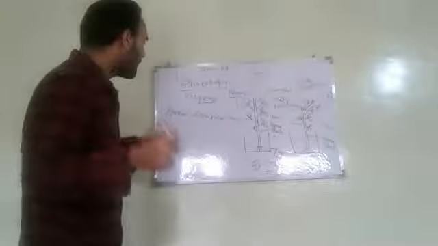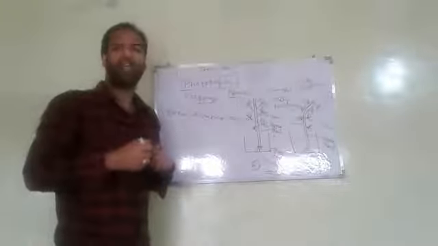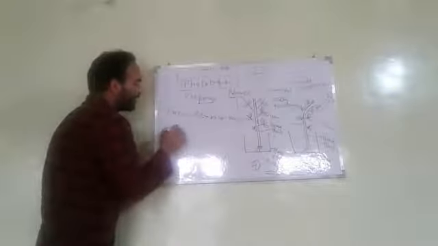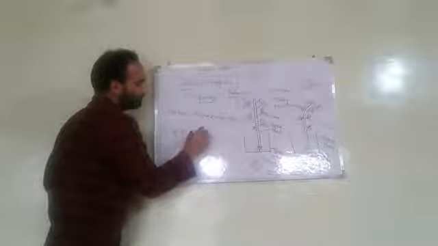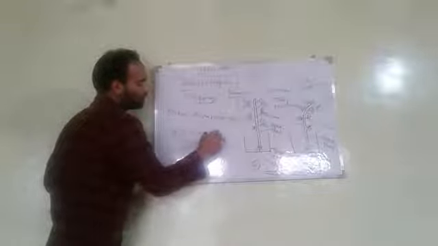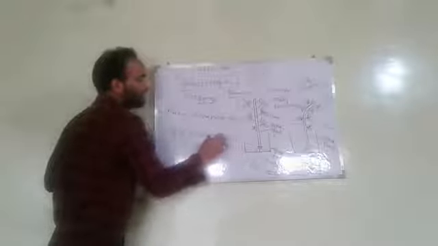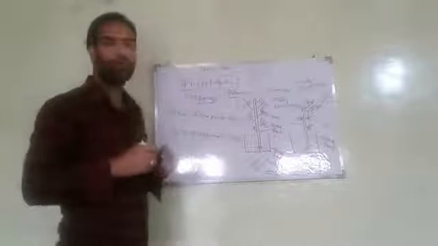Now you know that in my previous lecture we discussed oxygens. These oxygens are mainly synthesized by the meristematic tissue, which is present at the apices of the stem or the apices of the root or shoot.